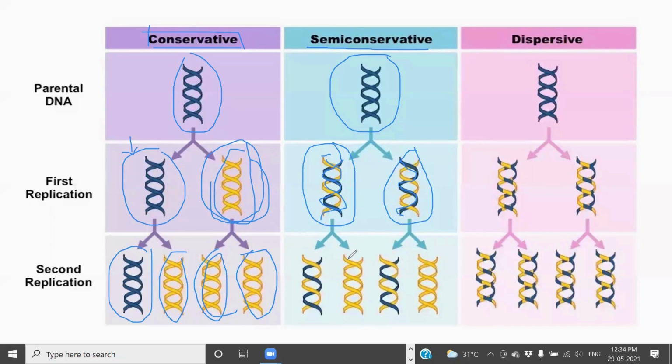Here the yellow strand was the parental strand, and the new daughter strand is synthesized. Again, in the second DNA molecule, one is the old strand, while the daughter strand is the new strand.